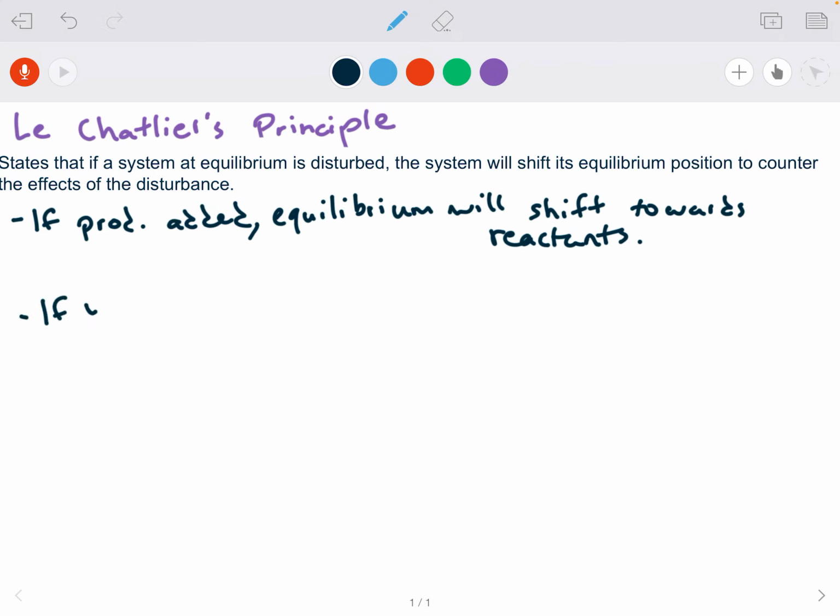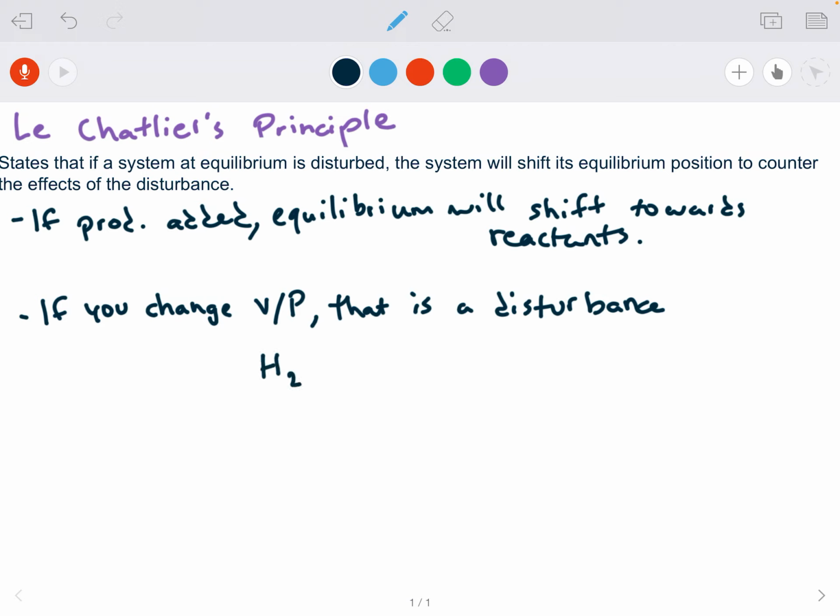Let's say you change your volume or pressure, that is a disturbance as well. So say I have an equation with H2 plus Cl2 to give 2HCl.